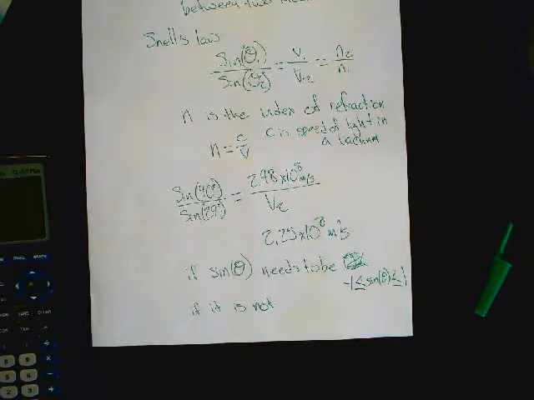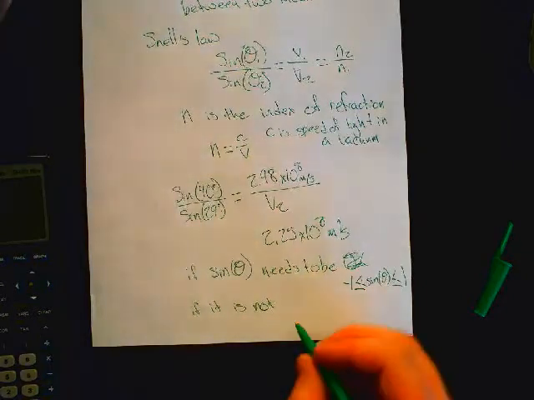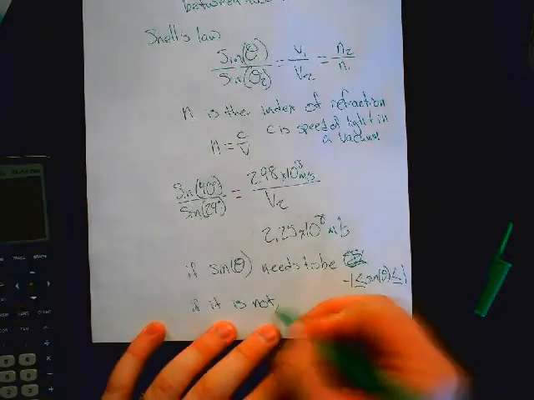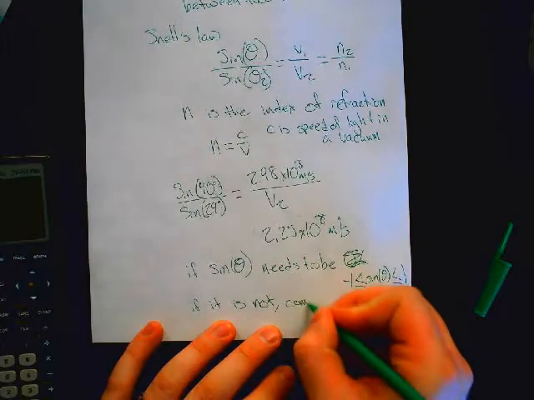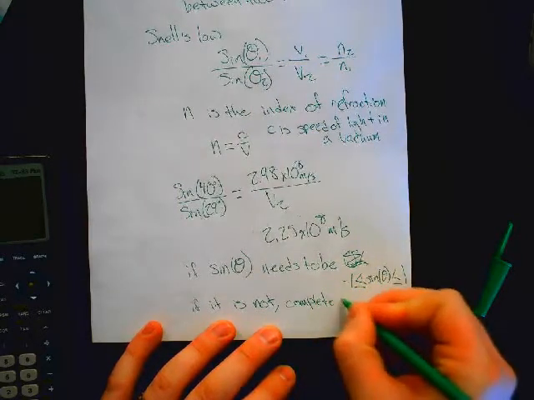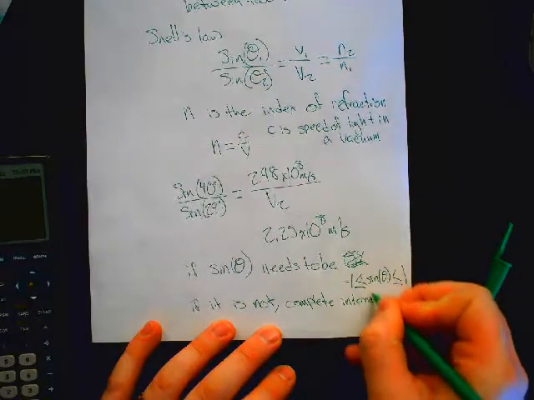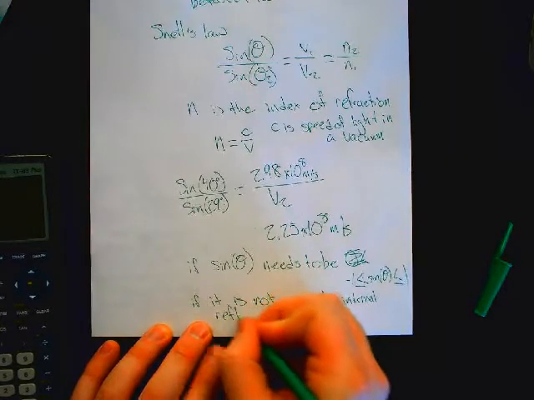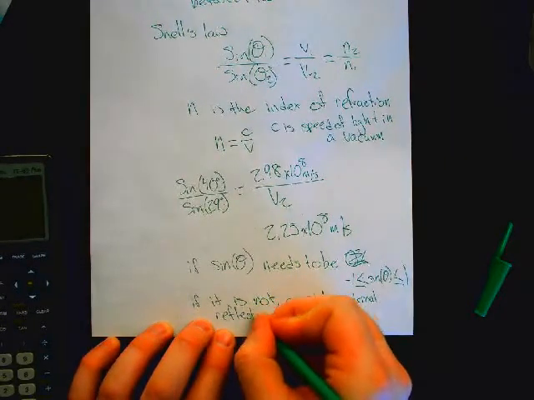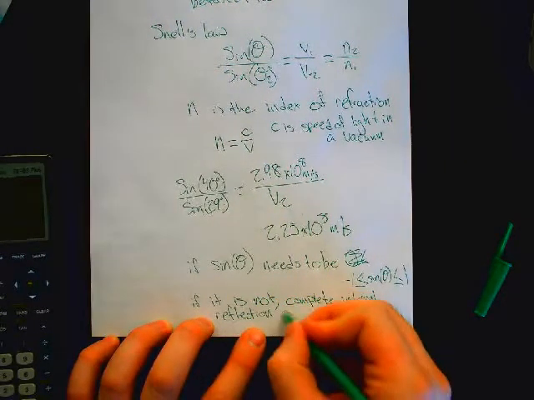So that would be like 15 degrees, 45 degrees, 90 degrees. Complete internal reflection occurs. Yes, I did use the right word there.